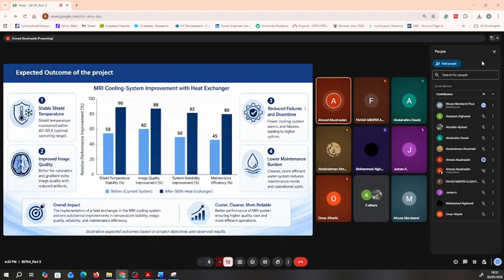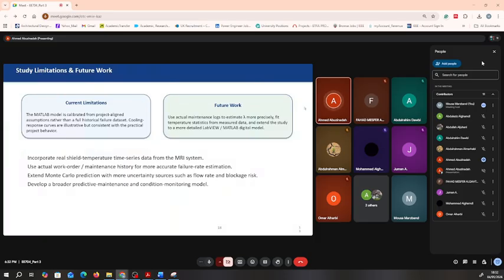Why is it cost effective? Because before implementing the system, we were changing a lot of filters, also using a lot of time, with breakdown of the system and delay of diagnosis for the patient and MRI cases.